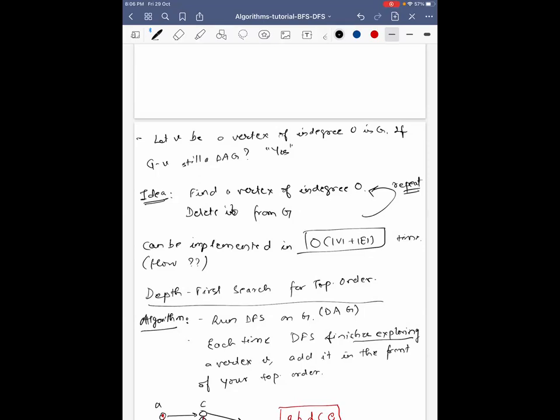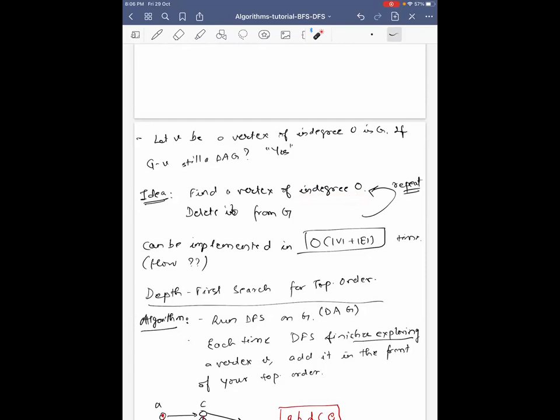So what we were talking about is that in each iteration, we'll remove a vertex with in-degree zero. The resulting graph will be a DAG. We'll again remove one, so it should contain a vertex of in-degree zero. We'll remove it and continue this process. So our objective then reduces to finding a vertex of in-degree zero, right?